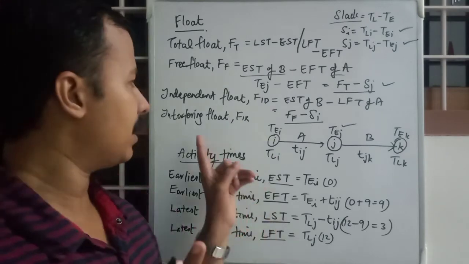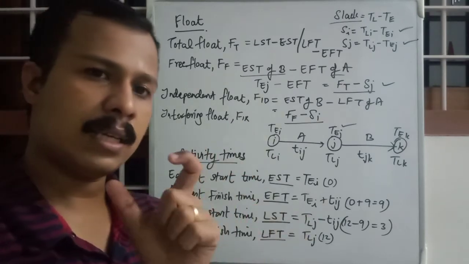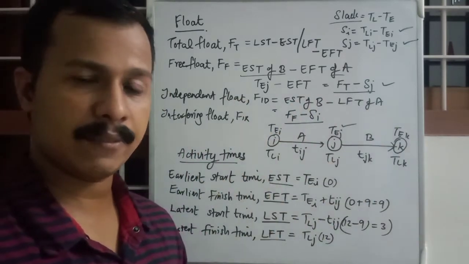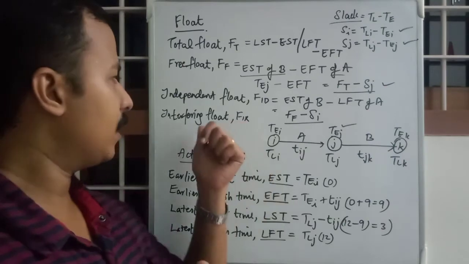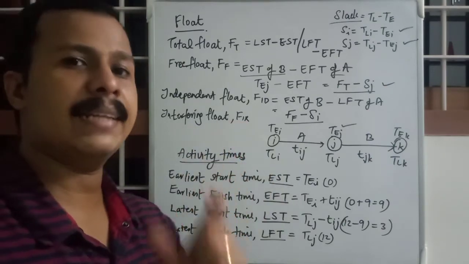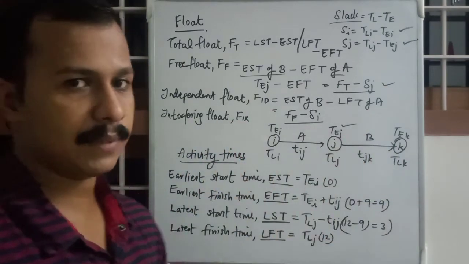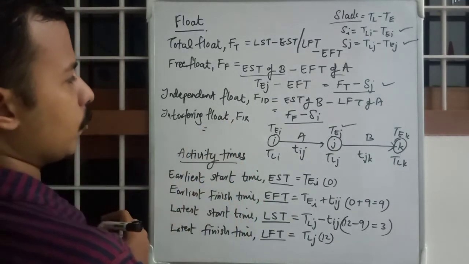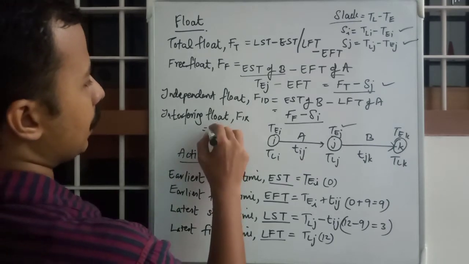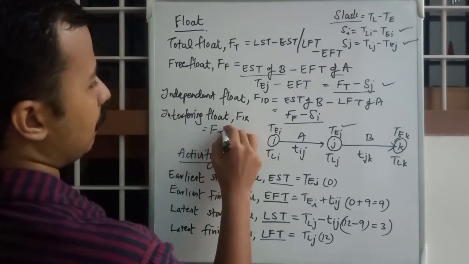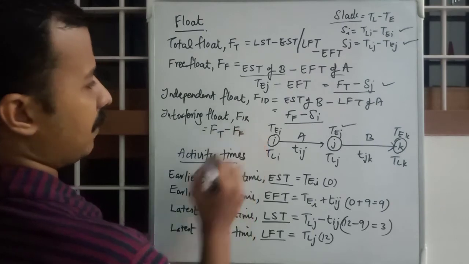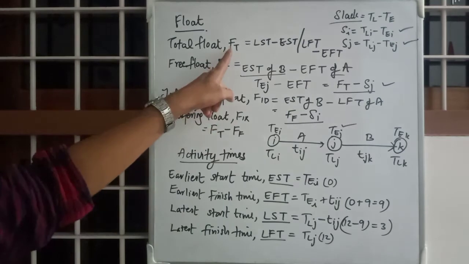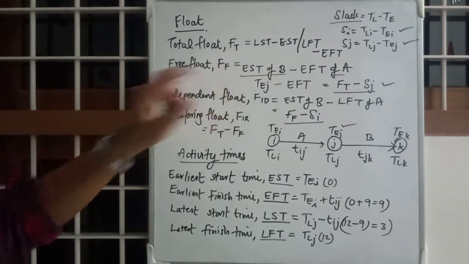By the name itself, free float is free, it will not affect any succeeding event or activity, and interfering float will interfere on the next event. So by definition we can conclude that interfering float will be the difference between FT minus FF, the difference between the first two, total float and free float.